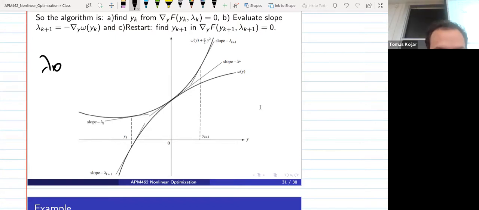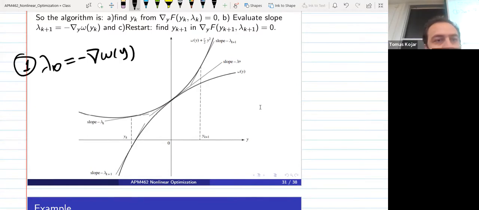So you find the location on omega whose gradient is equal to the slope. You start with this and you solve for y. So you find some y, you call it y1, and they call it here yk.